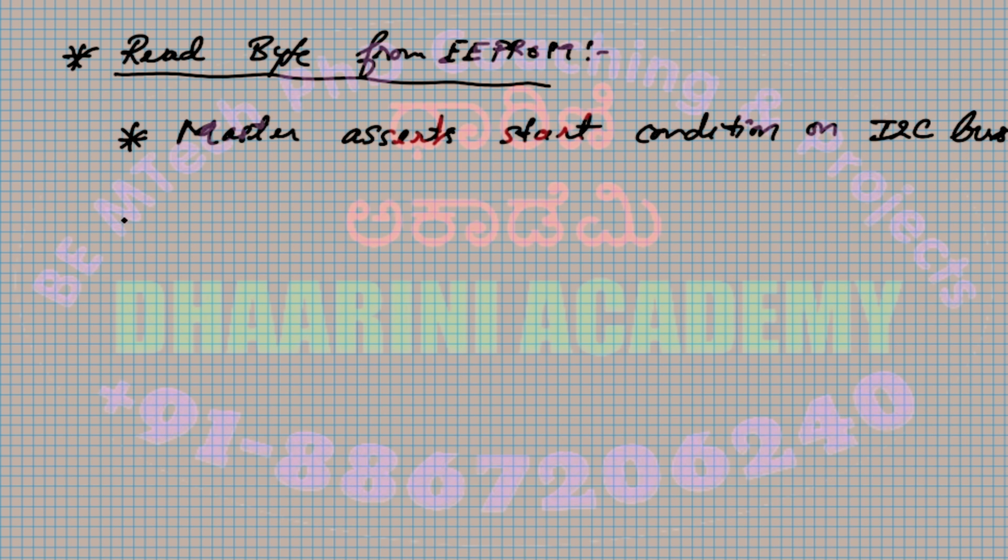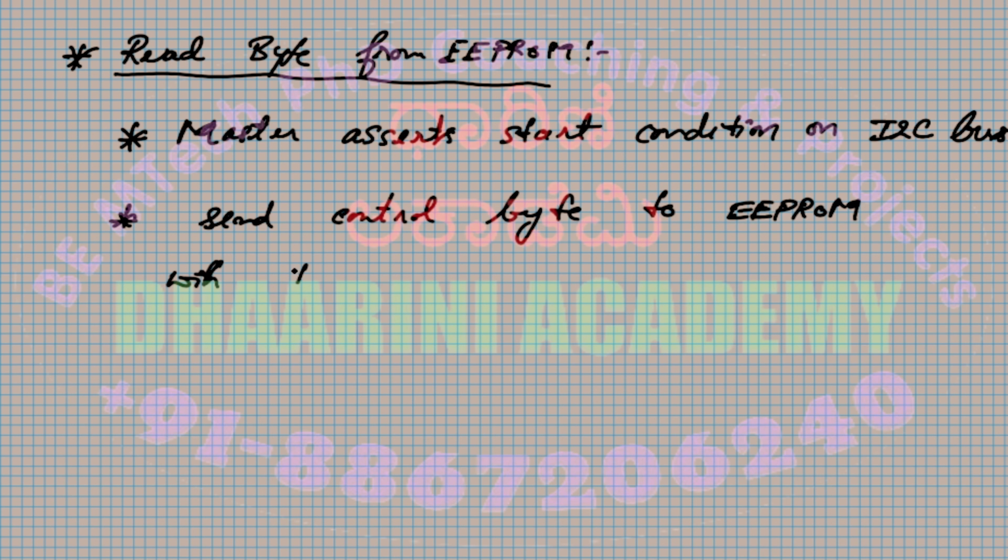Then immediately after the start, it will send the control byte to the EEPROM with what is the change? R/W bar should be equal to 1. That is the reading condition. Now I want to read. Previously it was W bar, so it was 0. Correct? Okay. Then you will wait for acknowledgement.